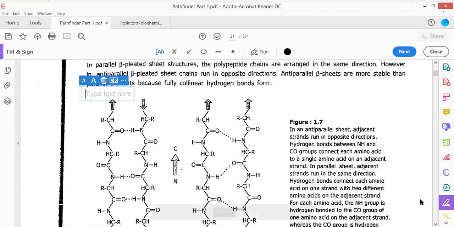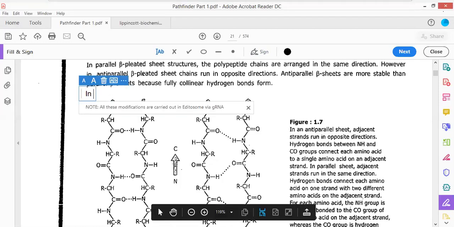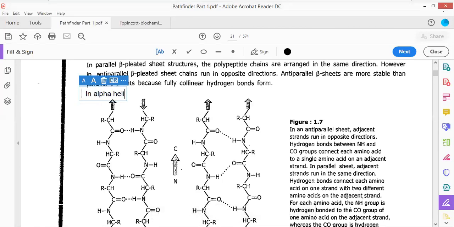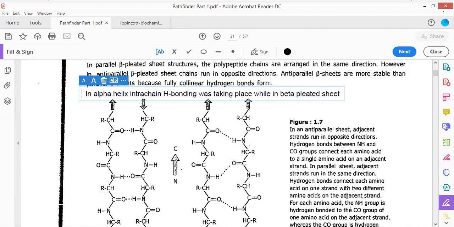In alpha helix, intrachain hydrogen bonding was taking place, while in beta pleated sheet, interchain hydrogen bonding occurred.